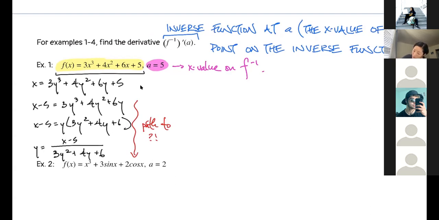So I wonder if we can go back to Christina's observation that by switching the x's and y's, we can get an inverse function, and think about this idea of the implicit formula. So this right here is the inverse function. How might we find the derivative of this using what we learned on Monday?